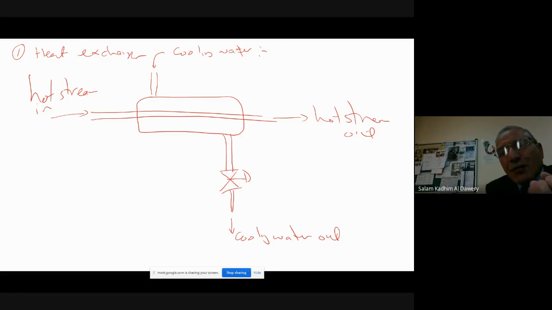So it's better to manipulate the incoming cold water. And here we are dealing with a heat exchanger, we need to control the temperature. Temperature is important for us.